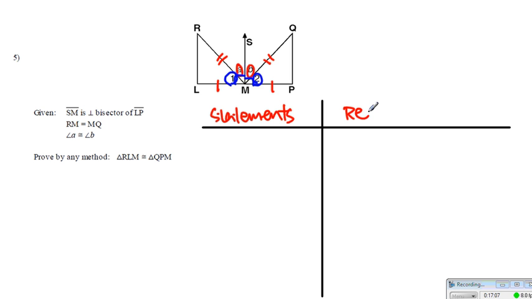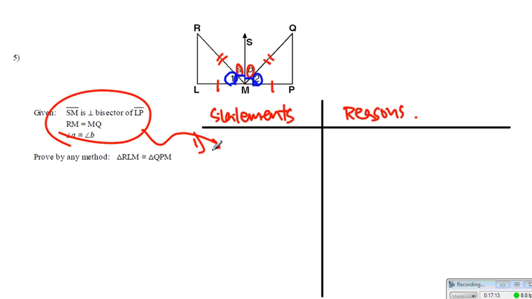Statements and reasons. First, we're going to put down the givens way over here. Now, since SM is a bisector of LP, we get to realize that LM is congruent to PM.